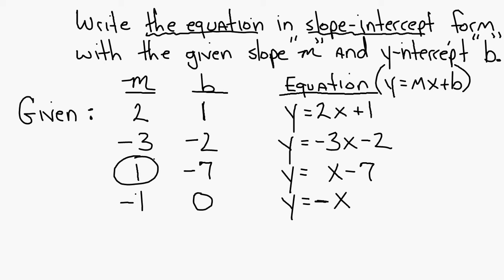Nothing goes to the right of the x when the y-intercept is 0. Does anybody have any questions on how to find the slope and y-intercept, or how to write an equation in slope-intercept form?